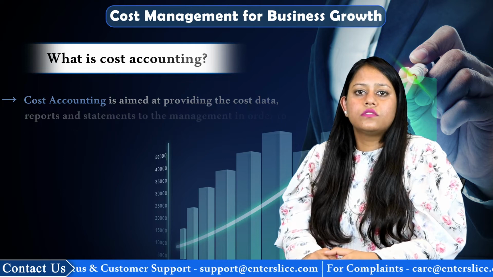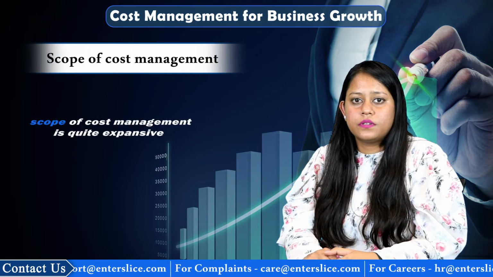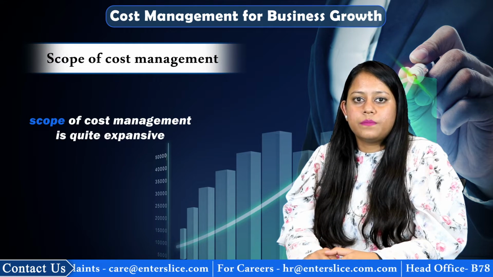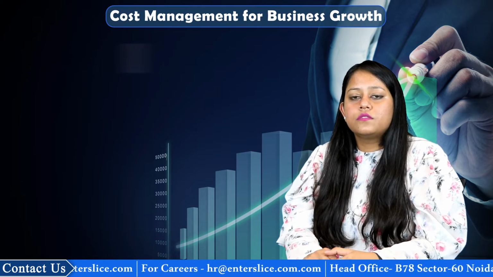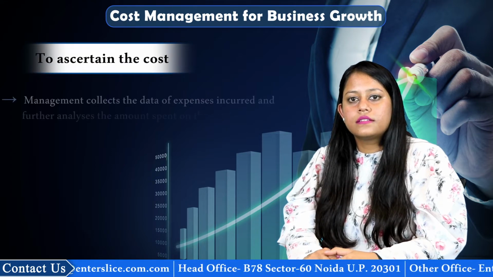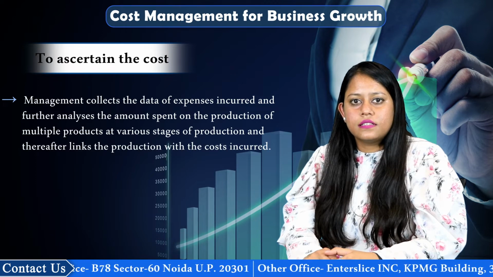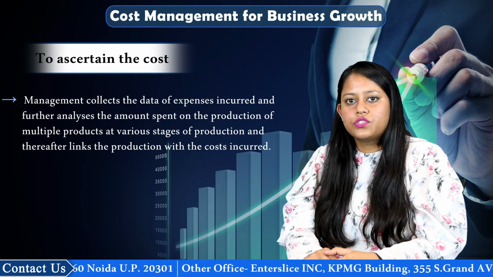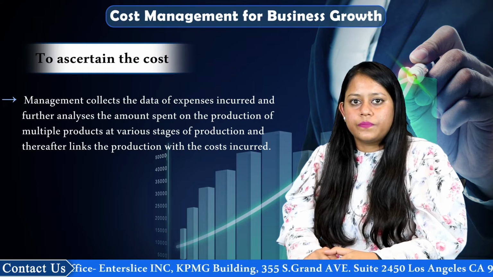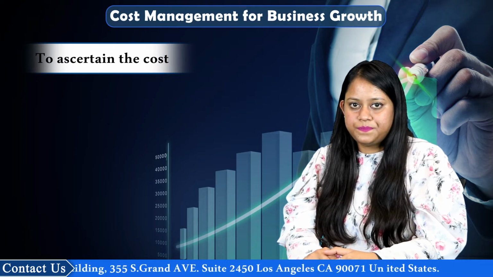Now focus on the scope of cost management. The scope of cost management is quite expansive and includes the following aspects. First point is to ascertain the cost. The management collects the data of expenses incurred and further analyzes the amount spent on the production of multiple products at various stages of production, and thereafter links the production with the cost incurred.